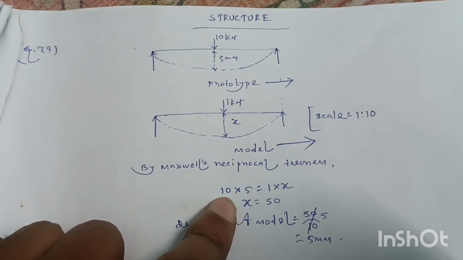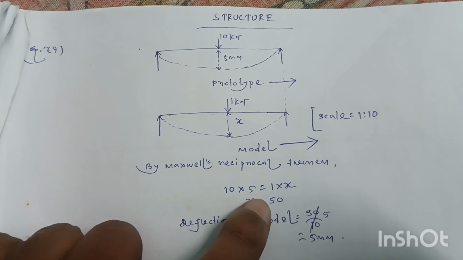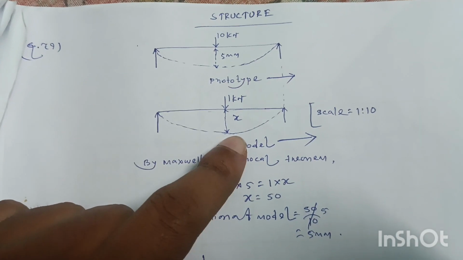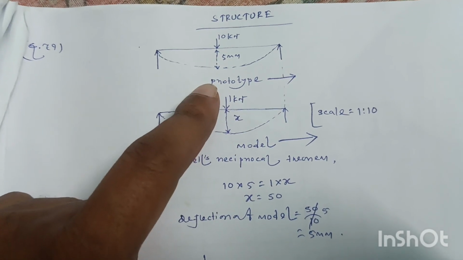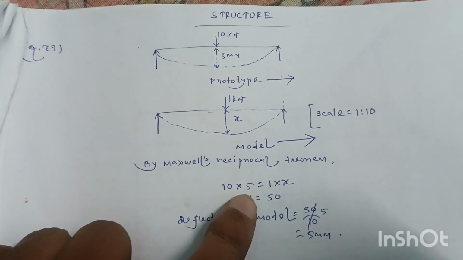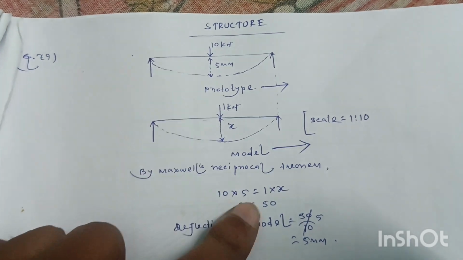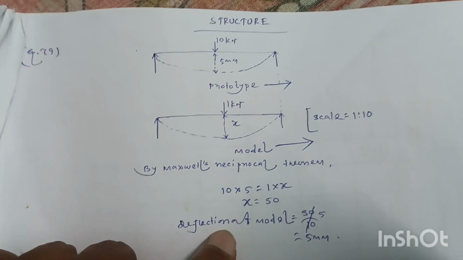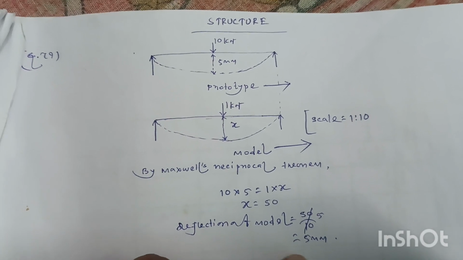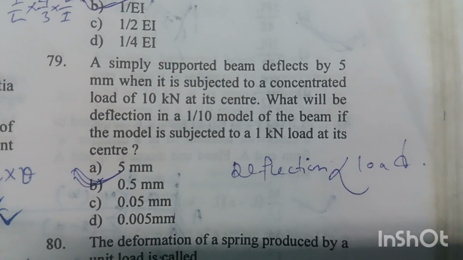So if we calculate further, x will be equal to 50 mm, but this 50 is when we don't consider the scale, because the model and prototype structure are differentiated by a scale of 1:10. Okay, so we got the value x equal to center deflection at this beam equal to 50 mm, but deflection at the model will be 50 divided by 10 equal to 5 mm, as the scale is 1:10. Option A is right answer.